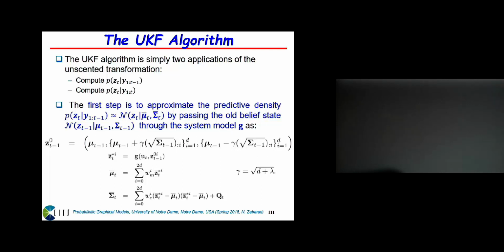So to do this, what we will have to do is pass the previous Gaussian distribution, the Gaussian approximation we had for the filtering distribution of z_{t-1}, through the function g that defines the kinematic model, right? That's the dynamical model g. So basically, start with this, define the sigma points, and then pass them through g, and then to compute the mean and the variance of that, you weight them appropriately using the standard formulas for the uncertainty transform, and you get the mean and the variance looking like that.